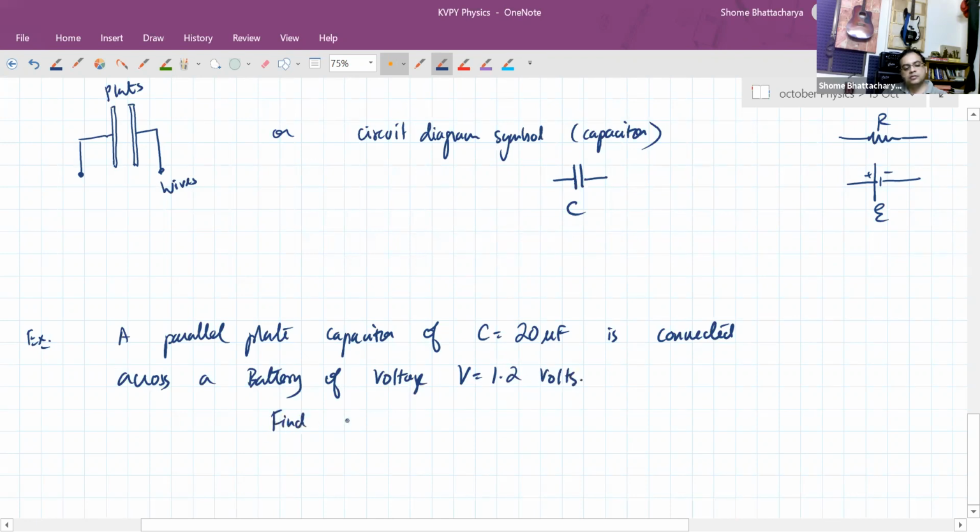Find the energy stored in the capacitor and the charge on each plate.